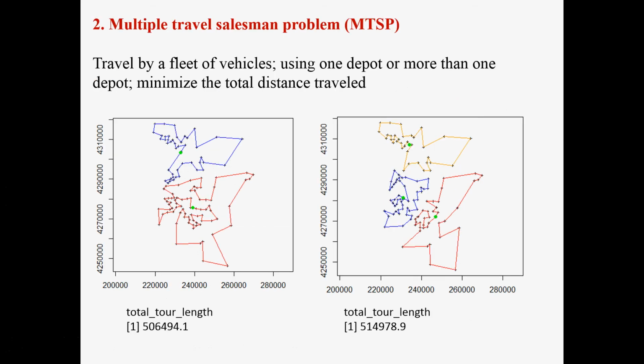Also, you have the multiple traveling salesman problem. What if you have two depots? You have one business that has different branches. This is one business office, and this is another business office. They cover the market in different sub-regions to optimize the delivery location.